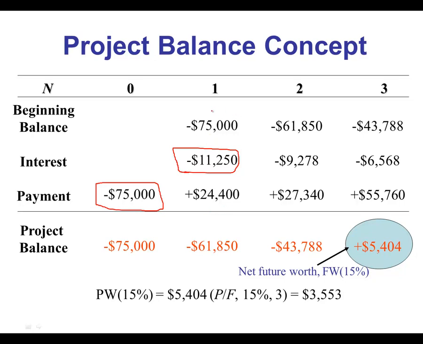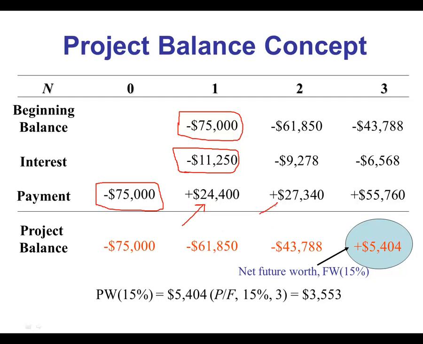So I need first to find the total for these two, then add the 24,400. Those are negative because these were used out of pocket. This is positive. This is what I gained, and the sum or the result will still be negative because I didn't pay back the whole amount, or I didn't gain that much to pay all the amount.